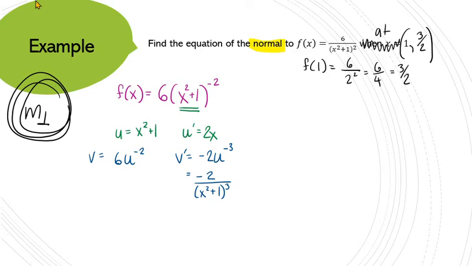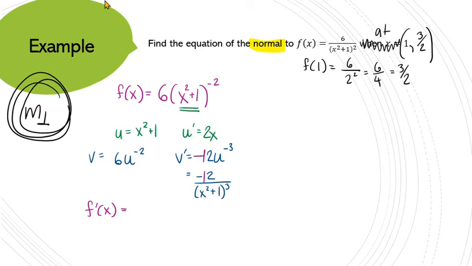Am I done? No. Remember, you have to gather those all back up. They all are a part of the overall derivative. I'm just going to back up for one moment. I realized that when I did my v prime, I took a 2 in front, but I forgot I had a 6 there already, so this should be a negative 12.